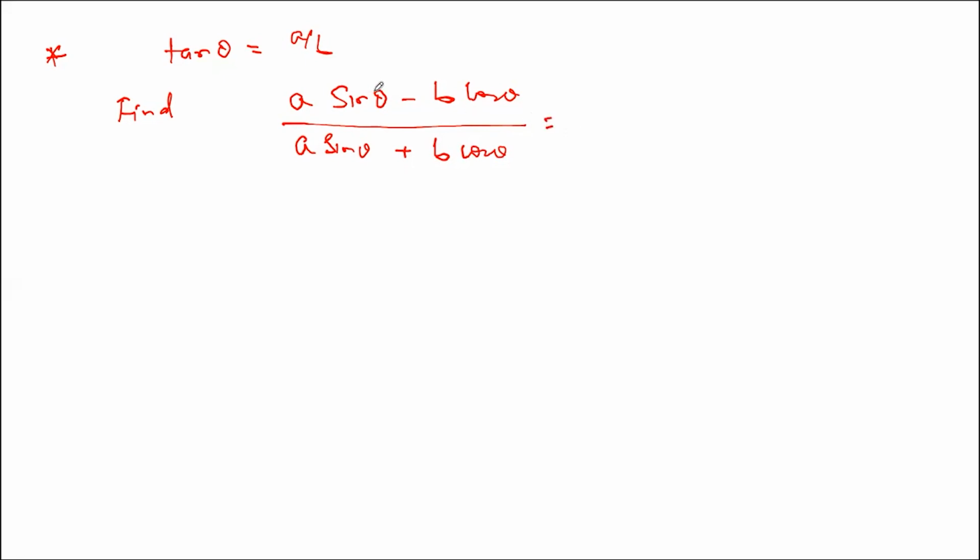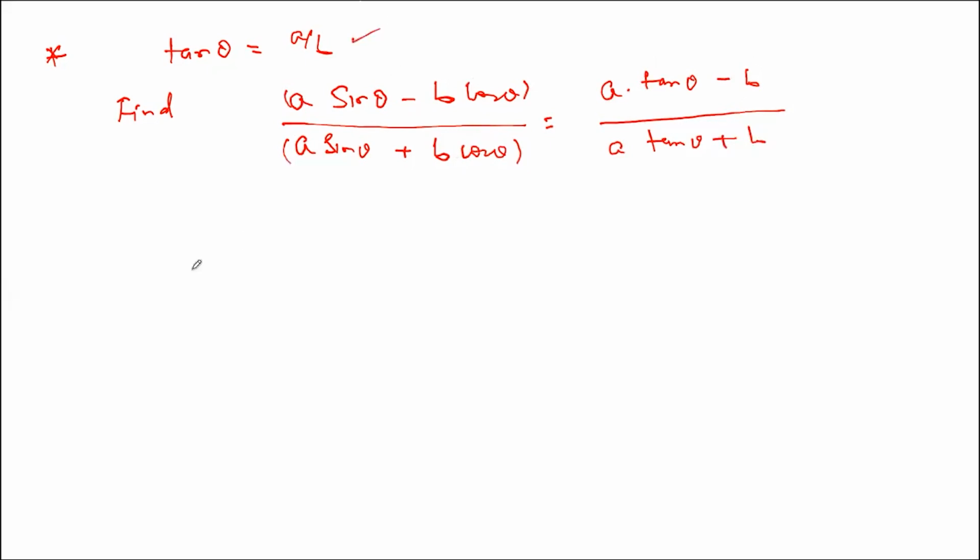How? See, divide numerator and denominator by cos theta. I'll get A tan theta minus B upon A tan theta plus B, cos theta cancels out, only B remains, right?